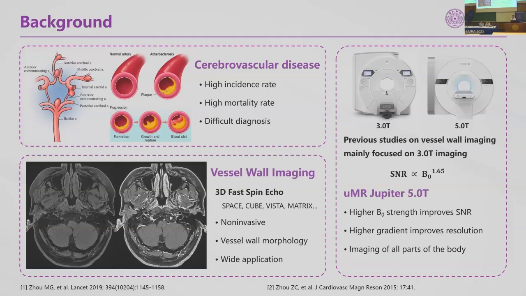The recently introduced 5T MRI system, owing to its higher main field strength, stronger gradients, and whole-body imaging coil, now enables vessel wall imaging of even higher quality. As a completely new platform, 5T vessel wall imaging still requires further investigation into image quality assessment, sequence optimization, and clinical applications.